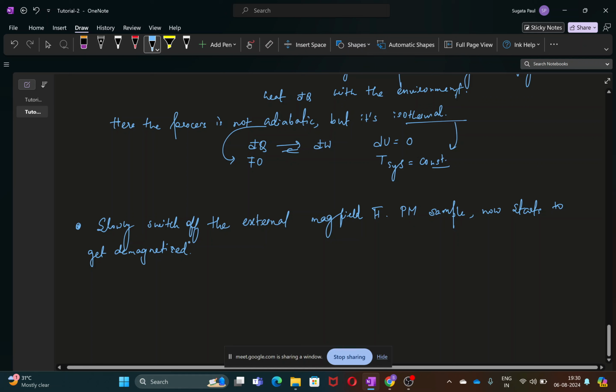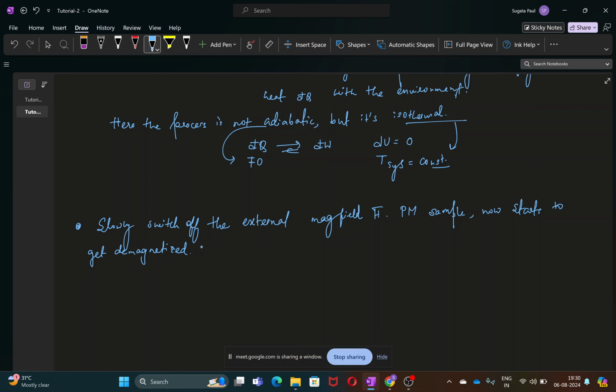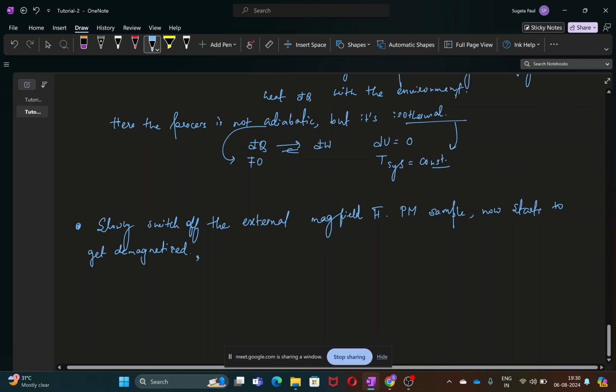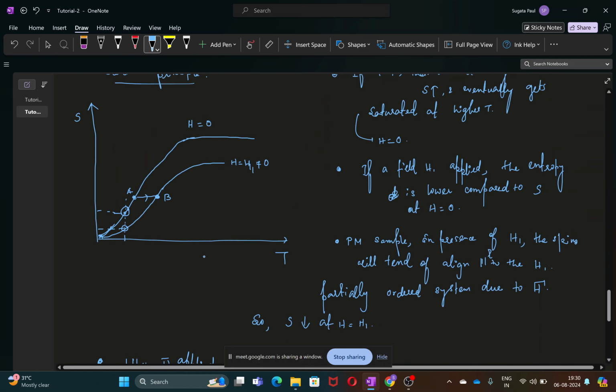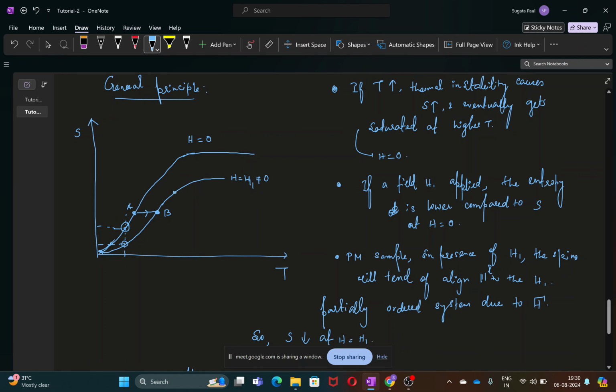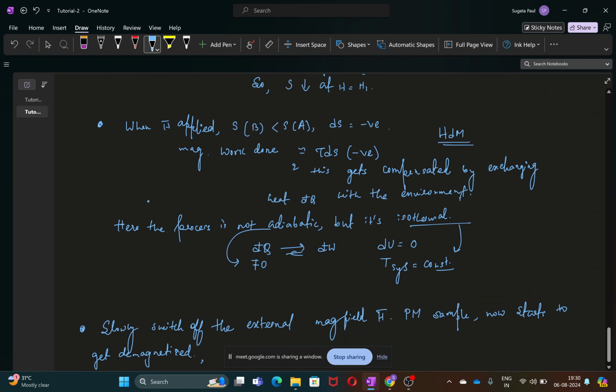That means the spins that were earlier aligned in the field direction, when the field is turned off, will again be randomly oriented with no particular alignment. So the paramagnetic sample starts to get demagnetized, and in this process, going from H equal to H1 finite field step back to the H equal to 0 case, the reverse process, let's say this is I and this is the final state F, you are going to a higher entropy because there is no field present.